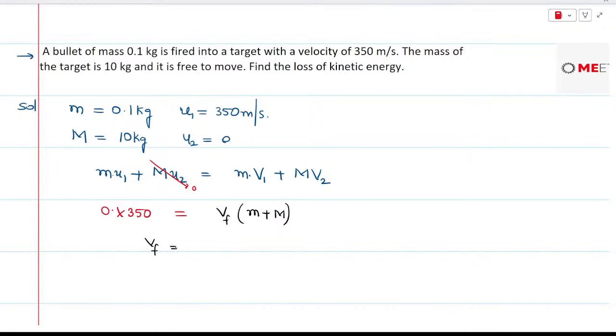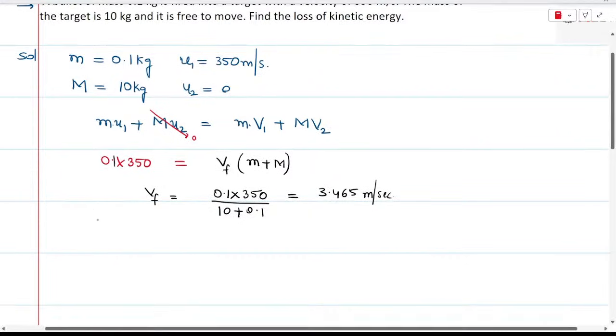That is, Vf is equal to 0.1 into 350 divided by 10 plus 0.1. Upon calculation, this is equal to 3.465 meter per second.